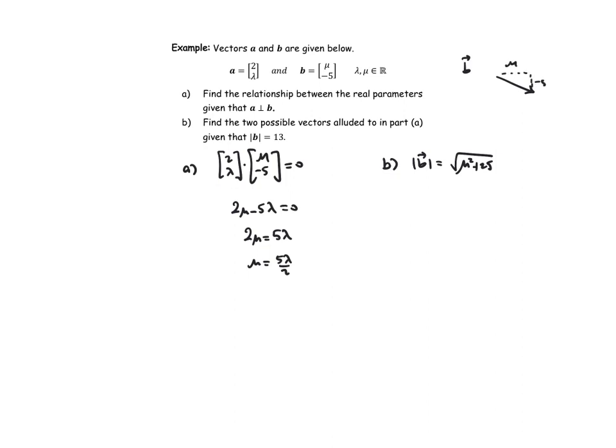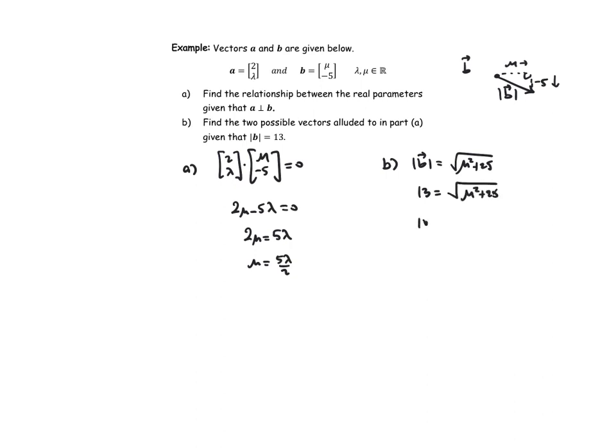Here's my vector B, movement mu units to the right, downward movement 5 units, and the Pythagorean theorem tells us that the magnitude of B is the square root of mu squared plus 25. Okay, so knowing that, if I know the magnitude of B is 13, I can solve for mu.